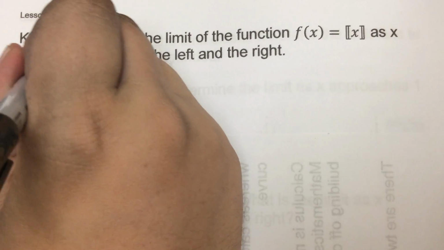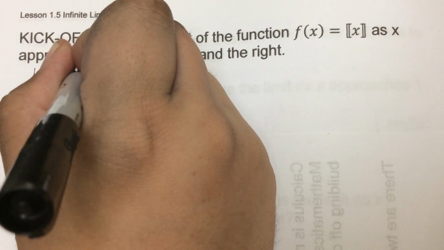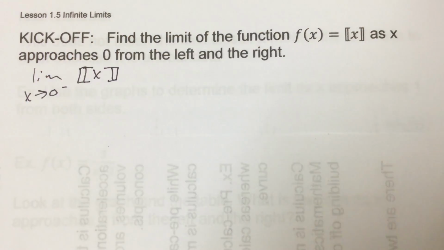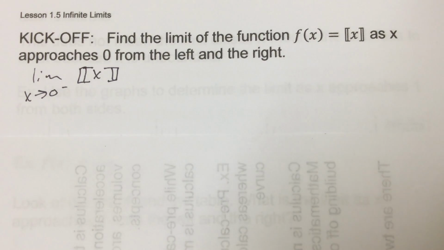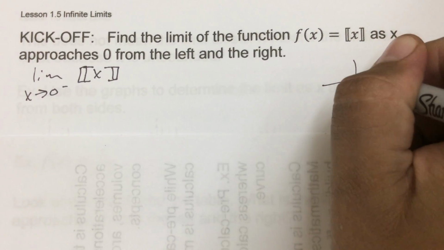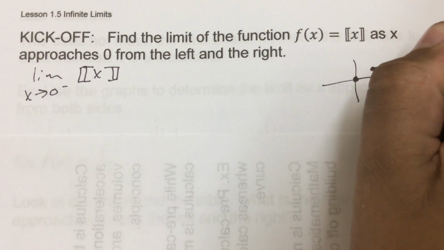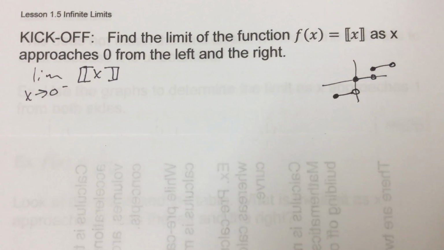So, the limit as x approaches 0 from the left of your greatest integer function. Well, if we look at the graph of the greatest integer function, it's doing one of these step things.